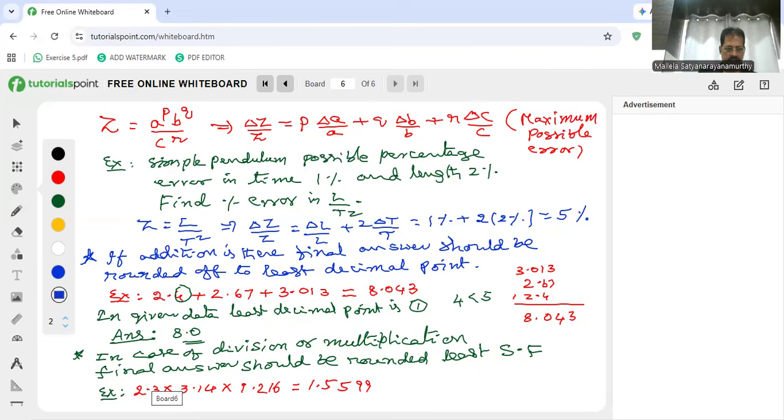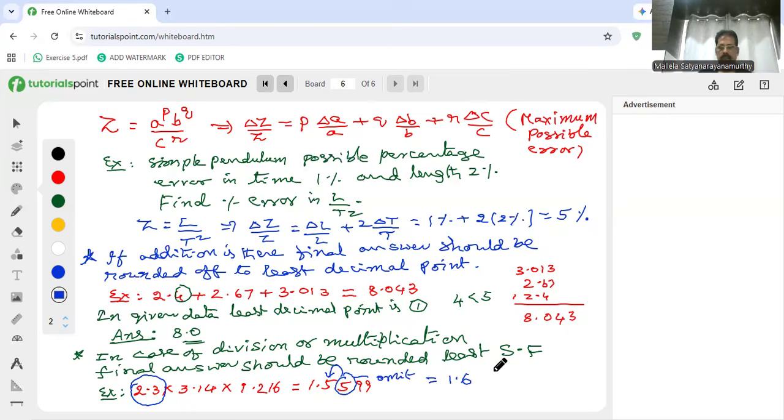So the final answer should be rounded off to the least significant figures. The least significant figures in the given data is 2 only. So only 2 must be there here. You have to omit this. It is exactly 5, so add 1 to the preceding digit because it is odd. So the answer is 1.6.